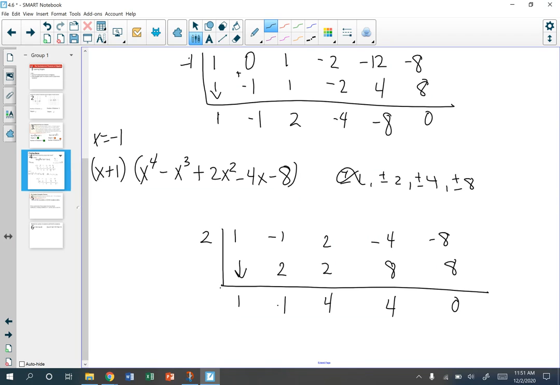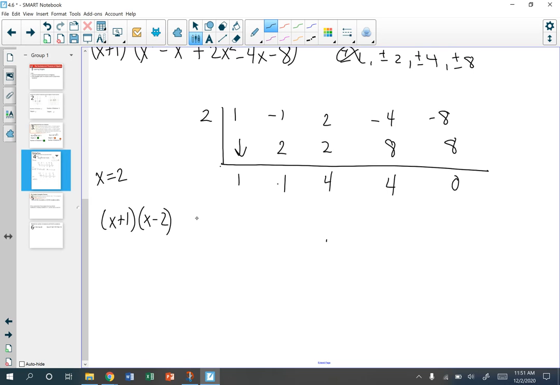Awesome. So another factor is going to be x equals 2. So I have factors of x plus 1 and x minus 2. Now I'm left with x cubed plus x squared plus 4x plus 4. All right, now I see this has 4 terms, so I'm going to try factor by grouping first.